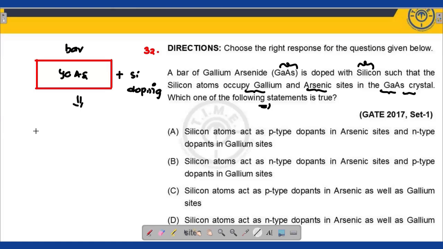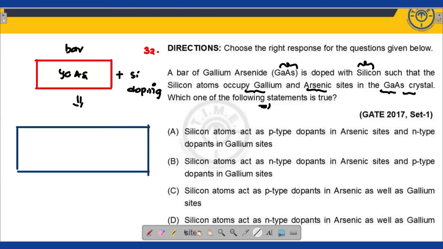So this particular diagram will be forming like this. It's completely a bar. This is also a bar. So here the gallium arsenide is doped by silicon atoms. What happens?